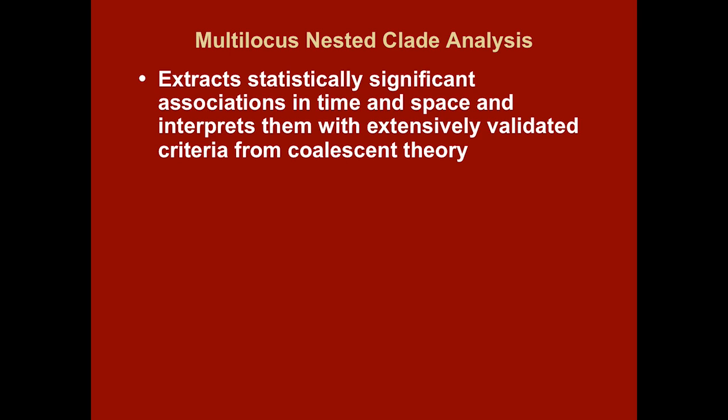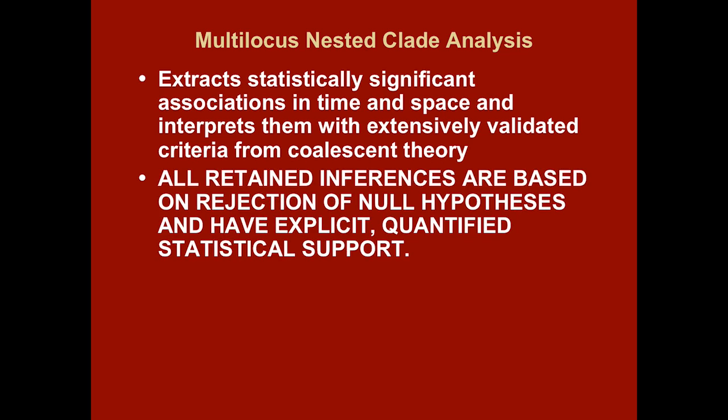But I did develop a technique called multilocus nested clade analysis that extracts statistically significant associations of the evolutionary history of genes in these non-recombining regions, shows how they're associated in time and space, and can interpret the patterns that emerge using coalescent theory, the extensive theory in population genetics that deals with this backwards DNA replication. I want to emphasize that all retained inferences are based on the rejection of a null hypothesis and have explicit quantified statistical support.